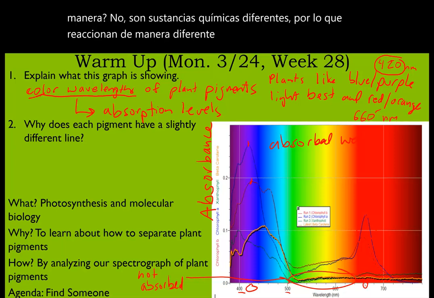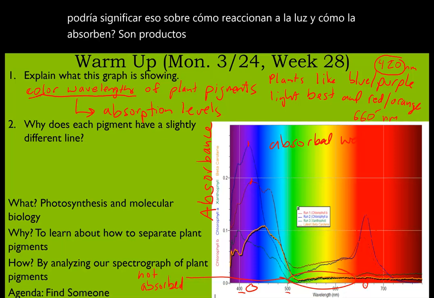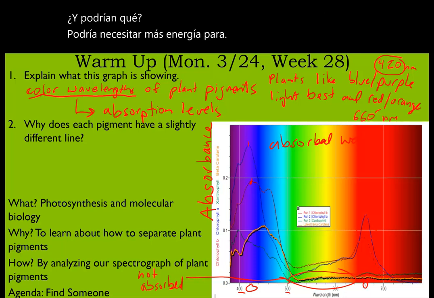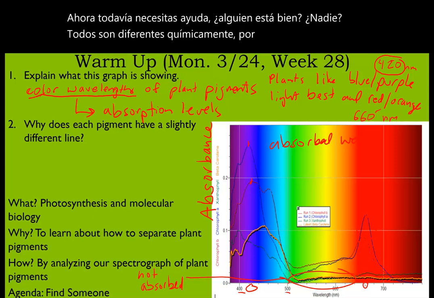So what could that mean about how they react to light and how they absorb light? They're different chemicals, right? So they might need more energy for... no, still need help. Okay. Anybody else? They're all different chemically, so they travel different lengths.